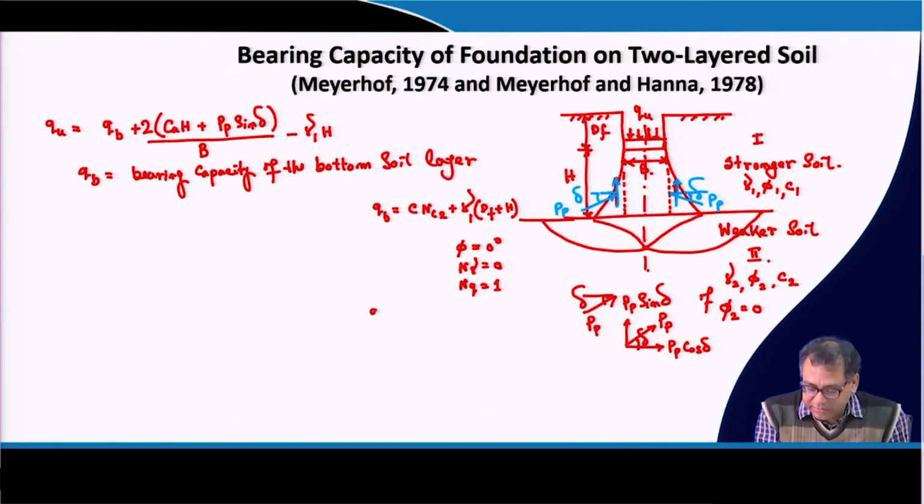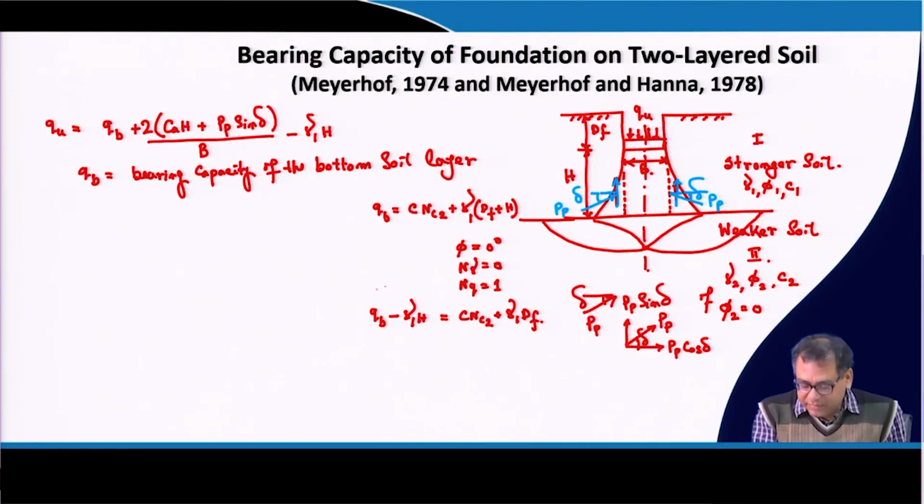Now, if you take QB minus gamma 1 H, that will be basically C N C 2 plus gamma 1 D F. So, we are basically neglecting this H contribution when you calculate the QB.